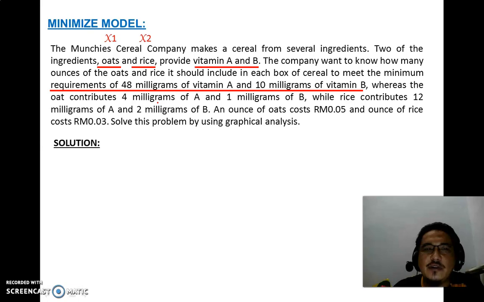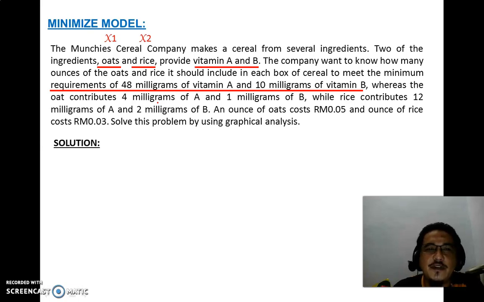The company wants to know how many ounces of oat and rice are required for each box to meet the minimum requirement. That means the amount must be more than the requirement, because this is the minimum requirement.